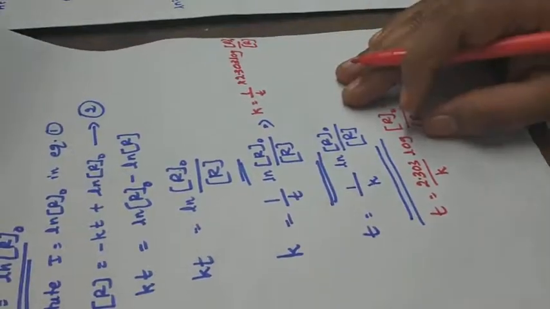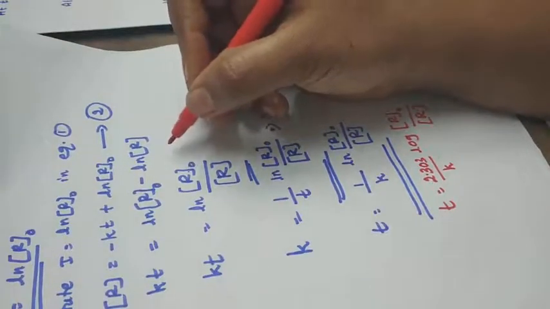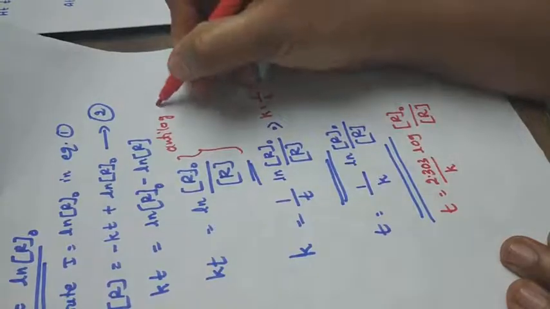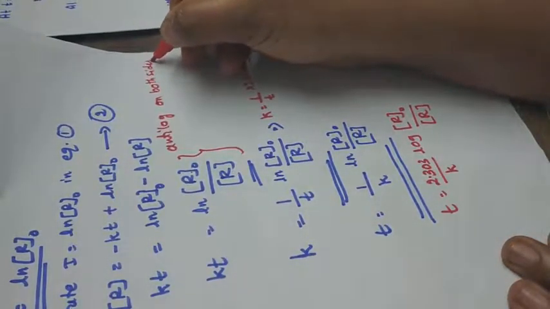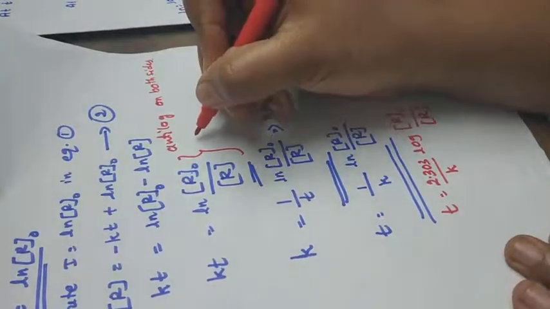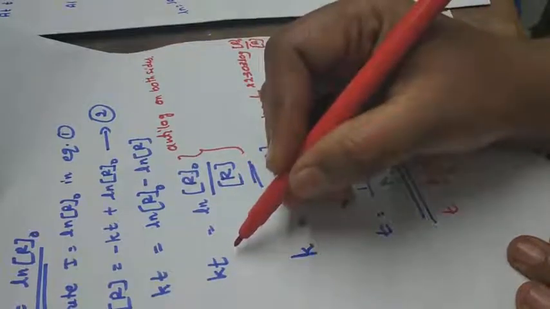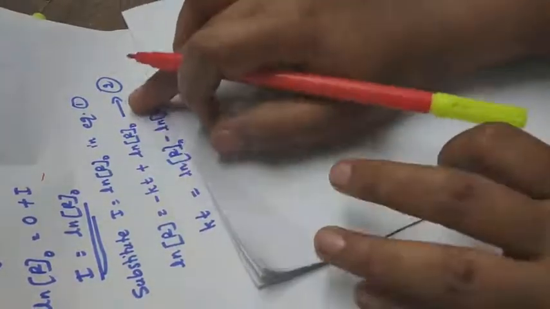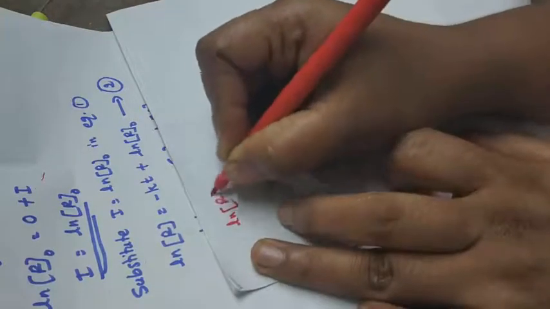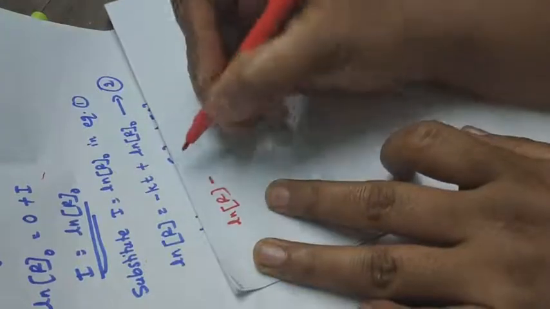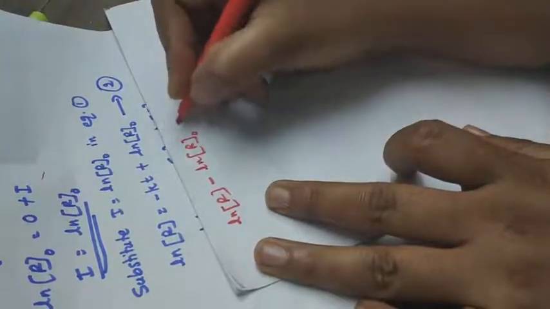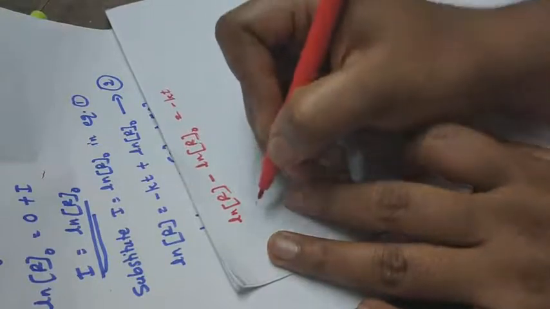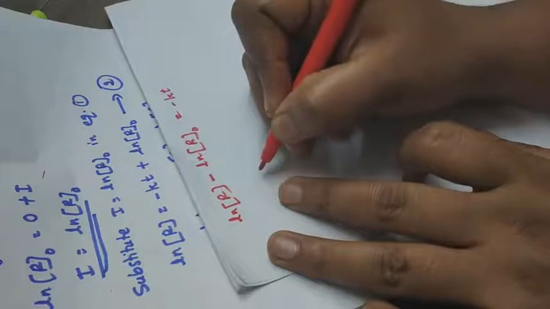Again, if you take anti-log on both sides, this gives... before that, we can write one more equation from equation 2, that is ln R. Take this ln R2 to the left side. ln R minus ln R0 equal to minus KT.